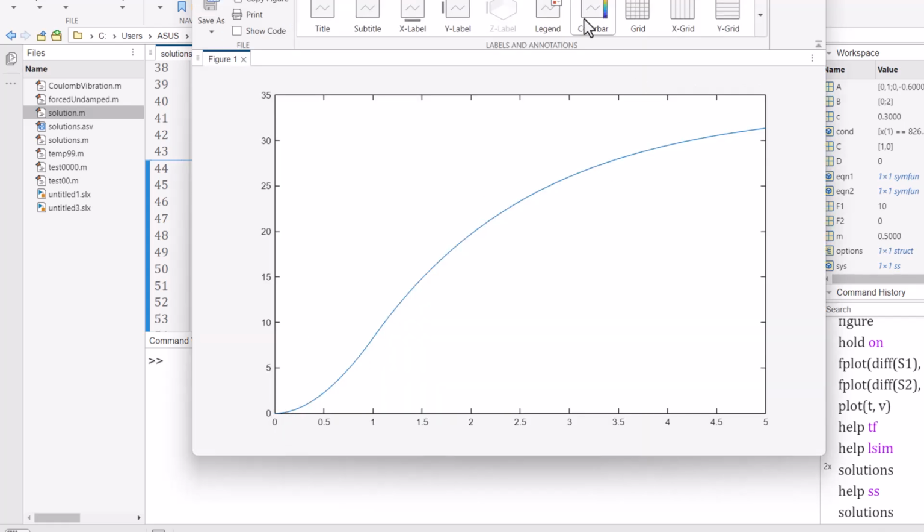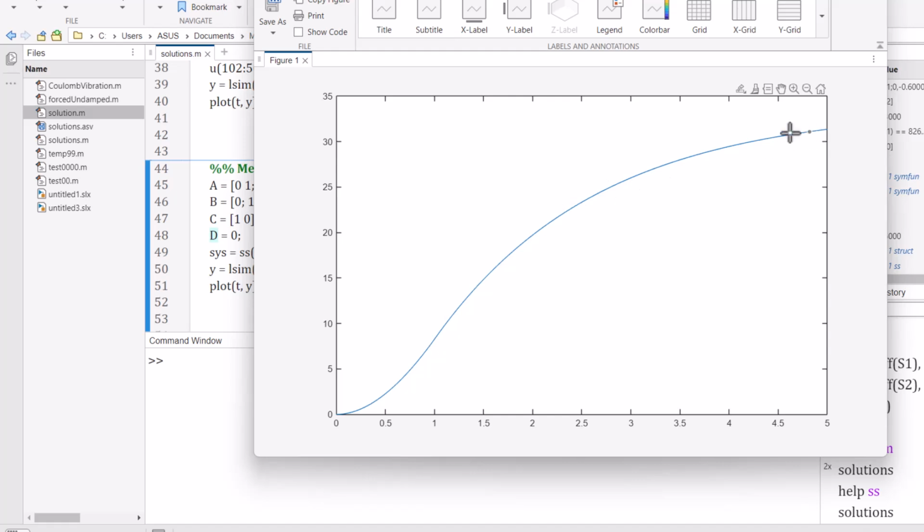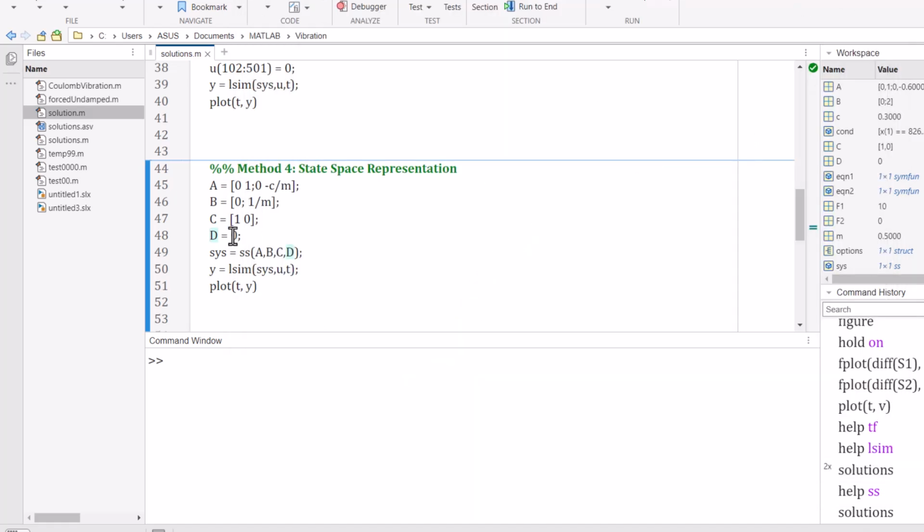Okay, here I only run this part using Control Enter, and you can see here, this is the response from state space approach. Or I can ask for both position and velocity.